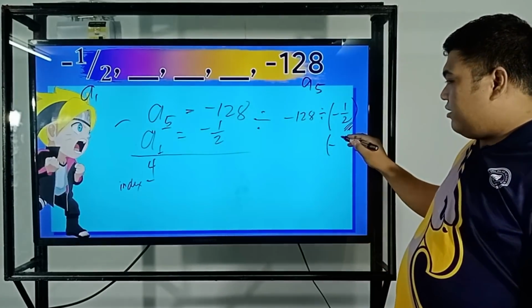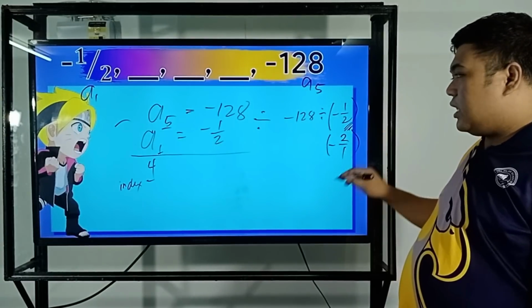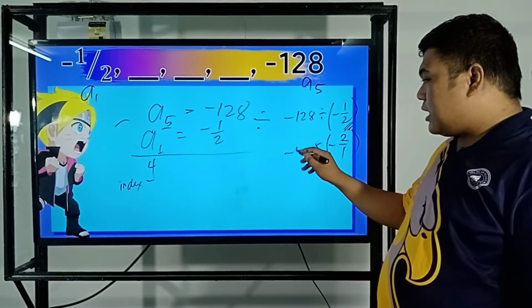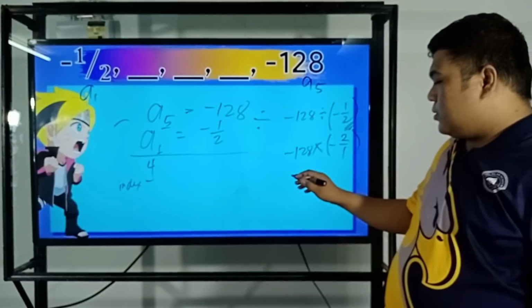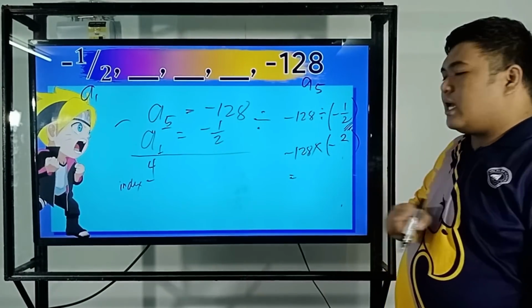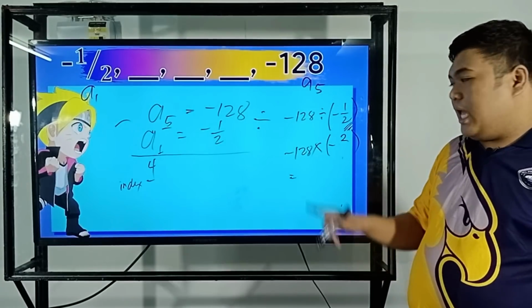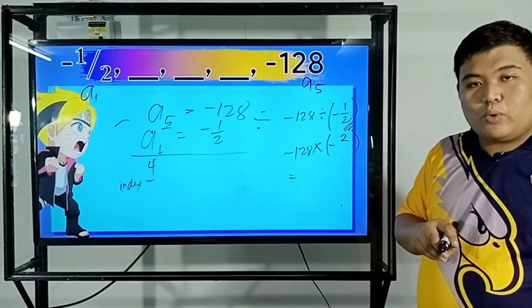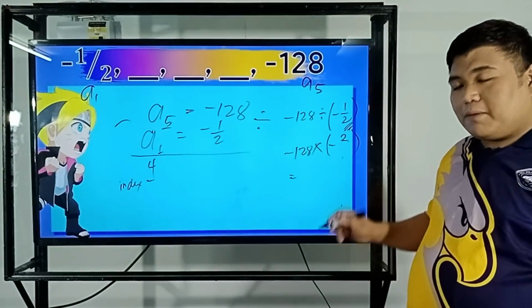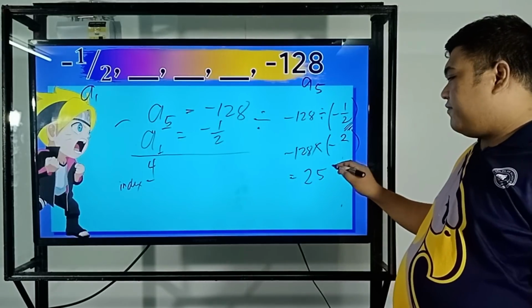So that is negative 2/1. Then proceed to multiplication. Tama? Oh. Since 1 na lang naman yun nasa denominator, okay na kahit wala yung 1 na yan. O, negative 128 times negative 2. Negative times negative is positive. 128 times 2, 256.